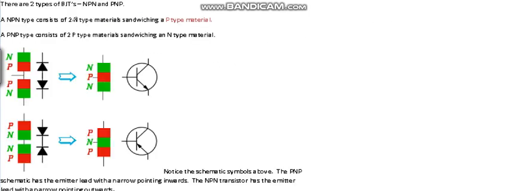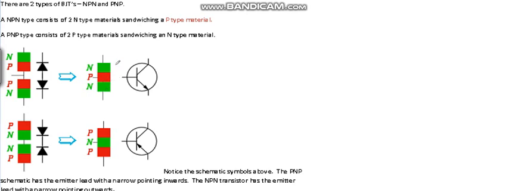The two types of BJTs, bipolar junction transistors, are NPN and PNP. An NPN type consists of 2 N-type materials sandwiching a P-type material. So we have N-type material, P-type material, and N-type material. It's very similar to diodes.